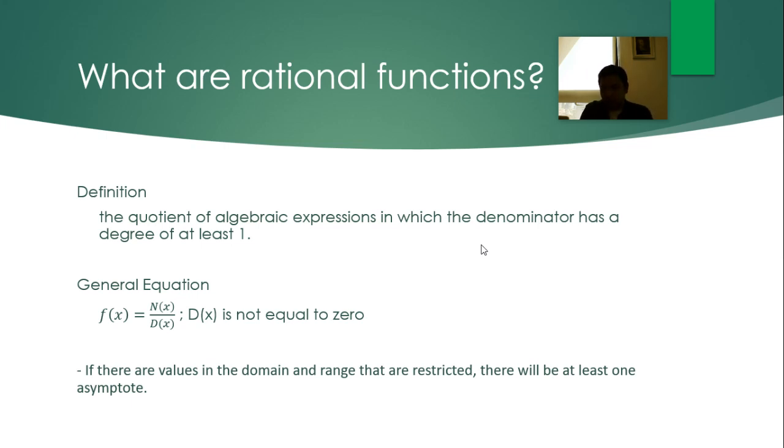So because you're dealing with a fraction, the main restriction is no zero in the denominator, or the denominator cannot have value of 0. And because we have that restriction, domain and range are automatically restricted. So you will be seeing what we call asymptotes later on in visualizing what a rational function is.